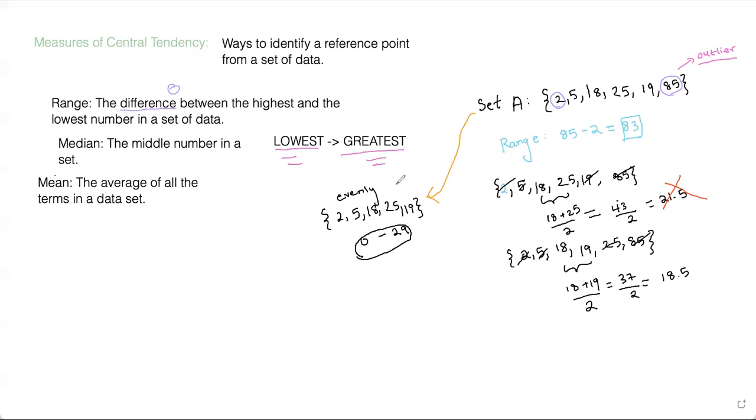So it's pretty evenly distributed, and the difference between each term isn't as big as the difference between 2 and 85. So now let's just find the mean for subset A.